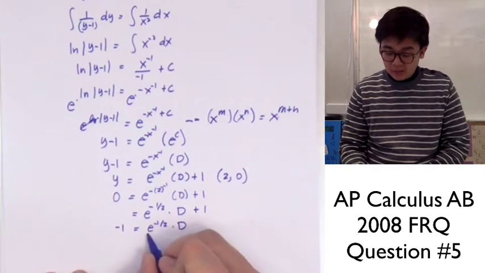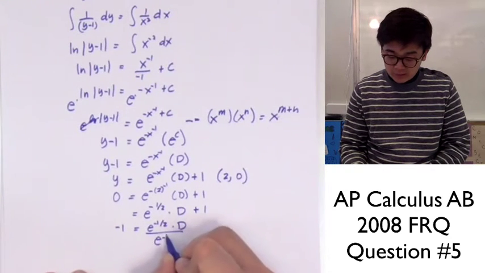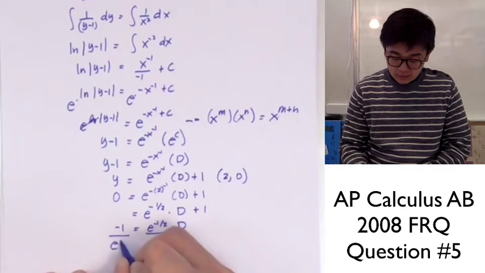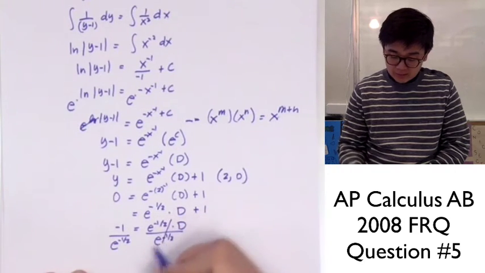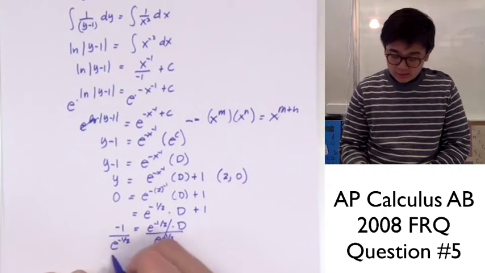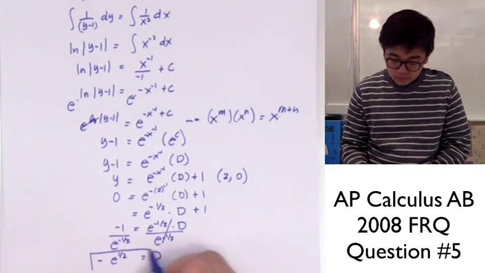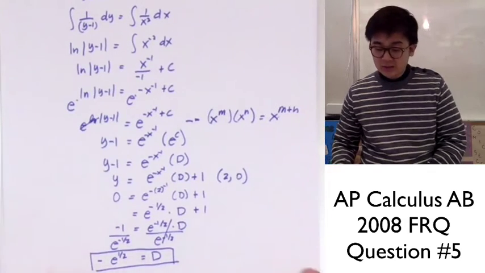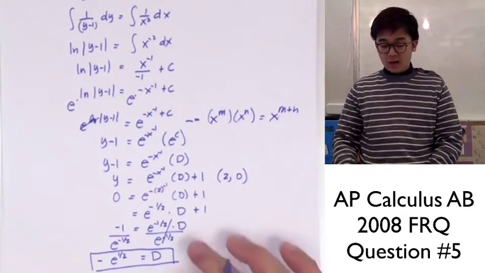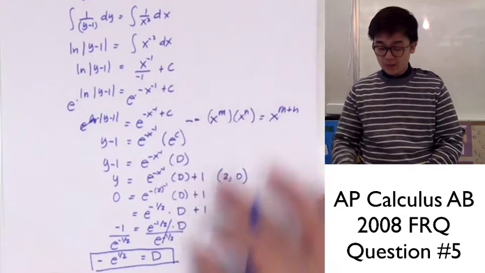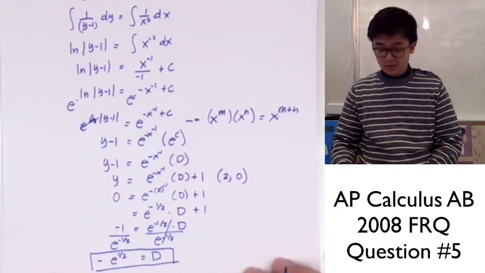To have d by itself, we divide both sides by e to the negative 1/2, so this cancels out. So d is equal to negative e raised to positive 1/2. This is our constant d that we solved using this algebra work.